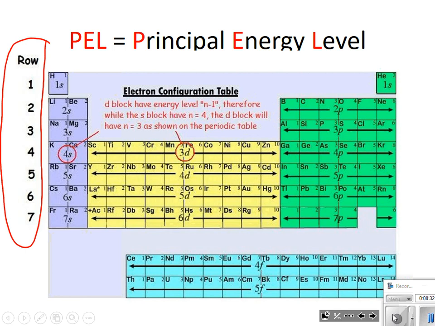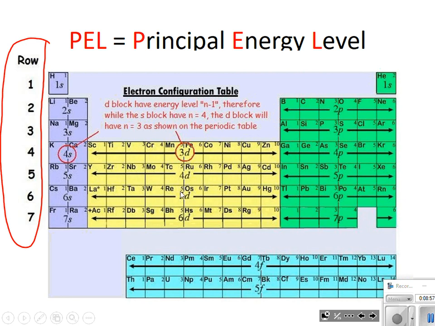So, if I would ask something like, what energy level is magnesium on? You find magnesium right here, and you say, oh, it's on principal energy level 3. So its main energy level is 3.